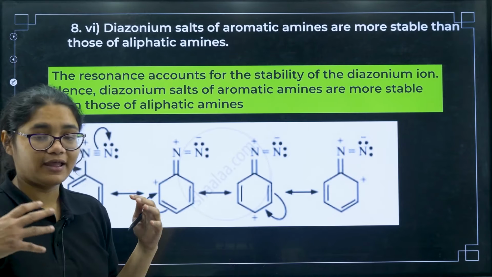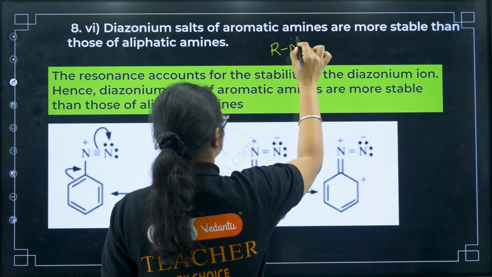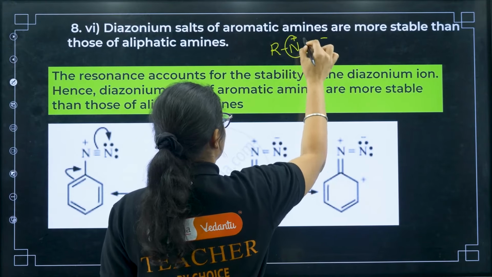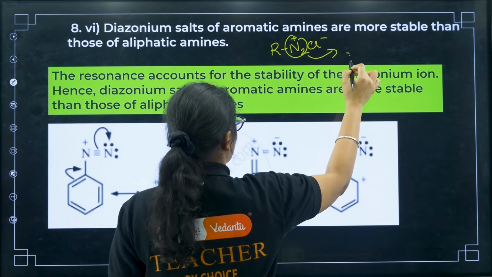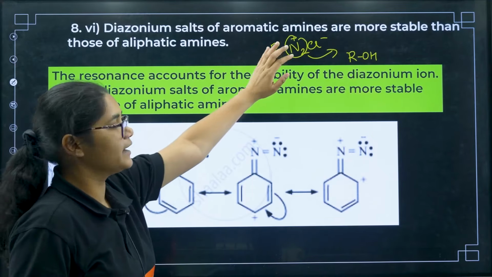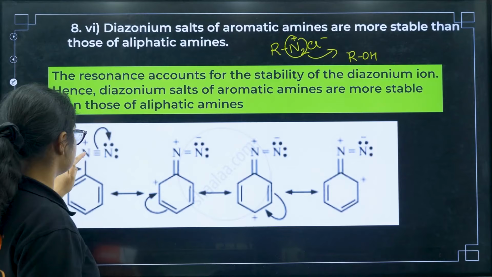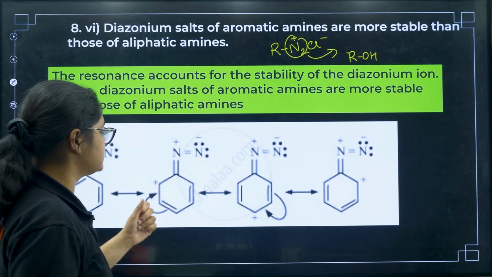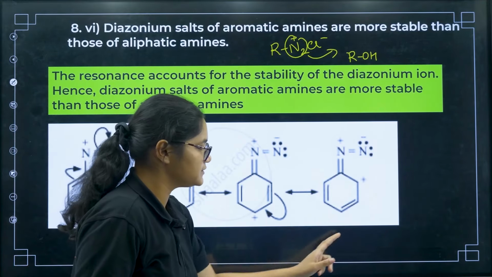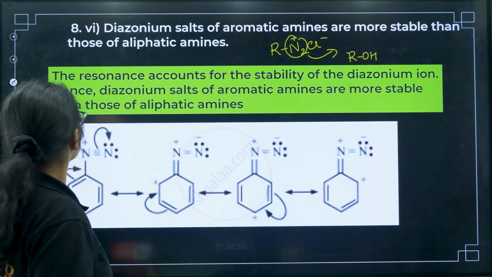Whereas in case of aliphatic, the N2 gas escapes out and we get ROH as the final product, right? Because this RN2+ is not stable, as it is not stabilized by resonance. Here you can see it is stabilized by resonance. This ring resonance happens, that is why it is very stable.